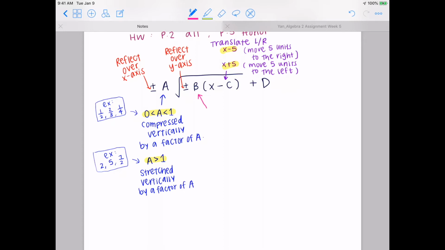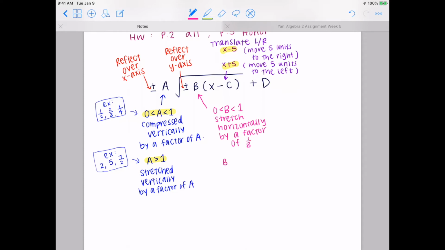It's going to be really similar. If b is in between 0 and 1, that is actually the opposite. So it's going to be stretch, instead of vertically, horizontally by a factor of the reciprocal of that, so it'll be 1 over b.